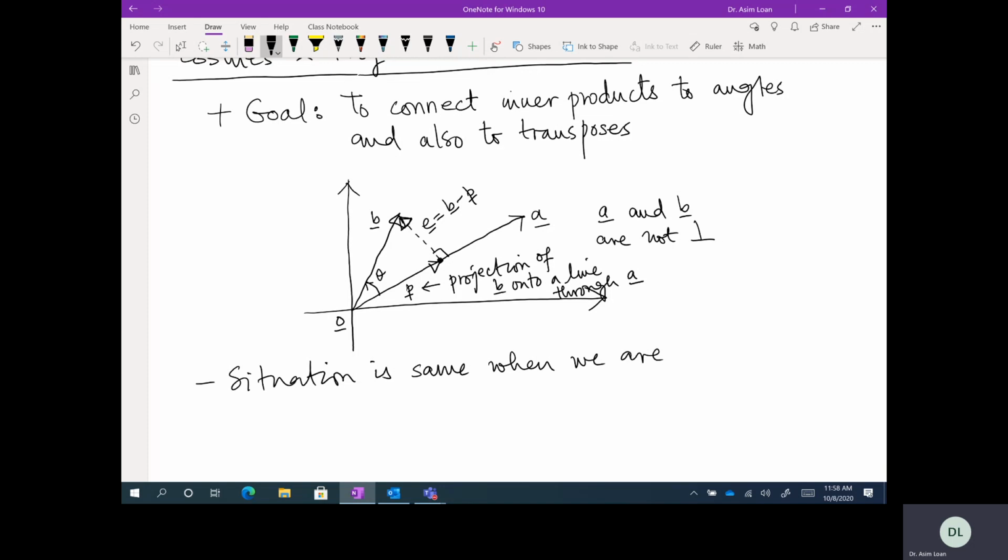If you visualize that picture, then this statement is going to be much easier for you to comprehend. So the situation is the same when we are given a plane, or any subspace S instead of a line.